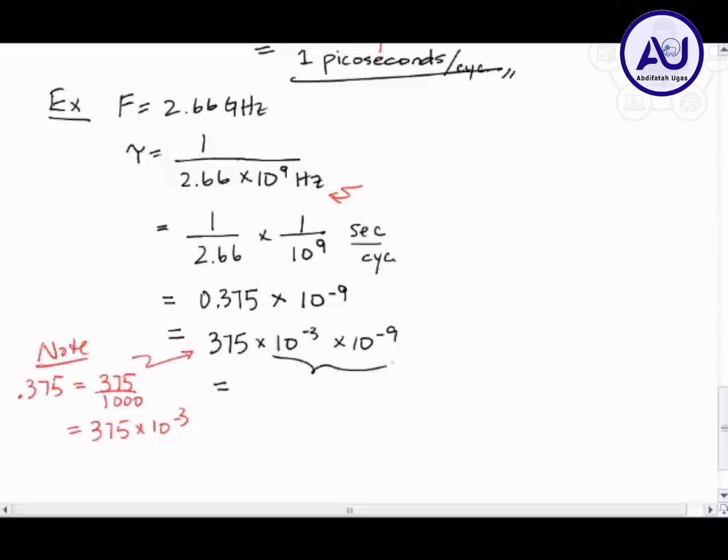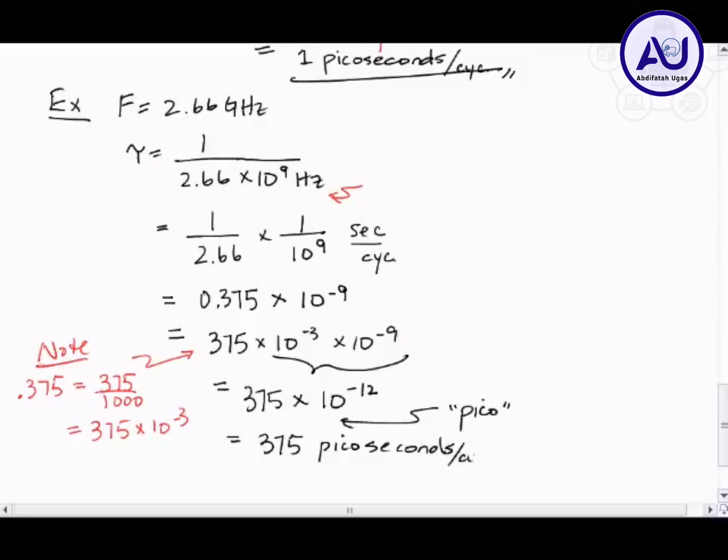So now, using the law of exponents, we can have 10 to the minus 12th. Now 10 to the minus 12th is pico. So our answer can be rewritten as 375 picoseconds per cycle.